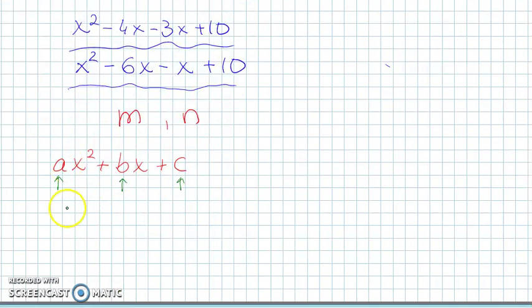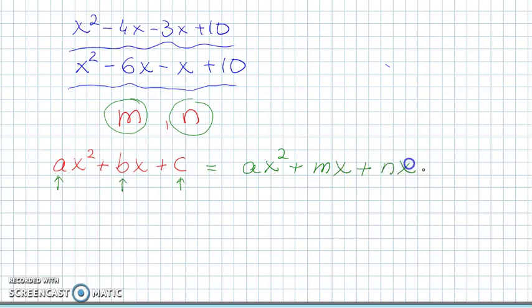So now I want to find values m and n such that I can rewrite my trinomial in this way, in four terms. So I'm replacing b with m and n.